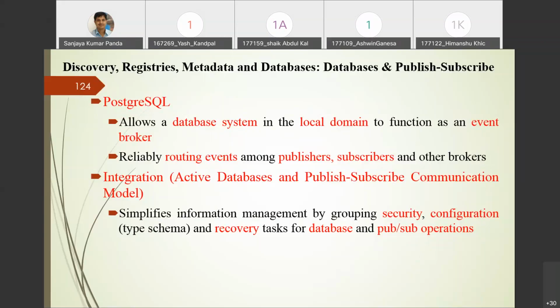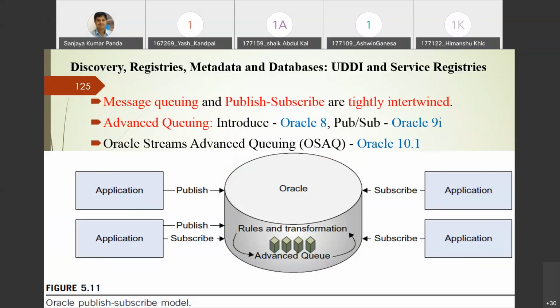So this integration between the database and the publish subscribe system is very important. It also simplifies information management by grouping security, configuration, and recovery tasks from the database and PubSub operations under the same interface.